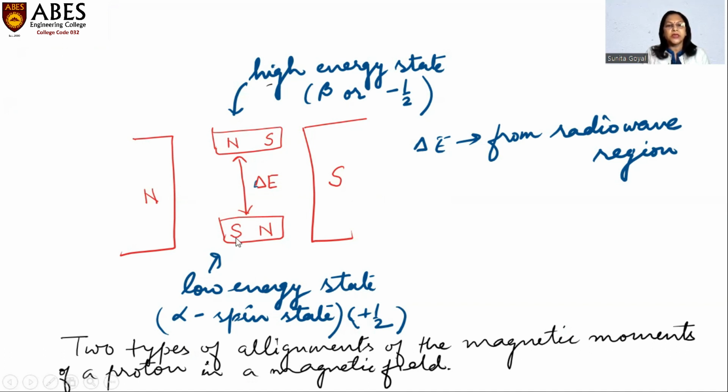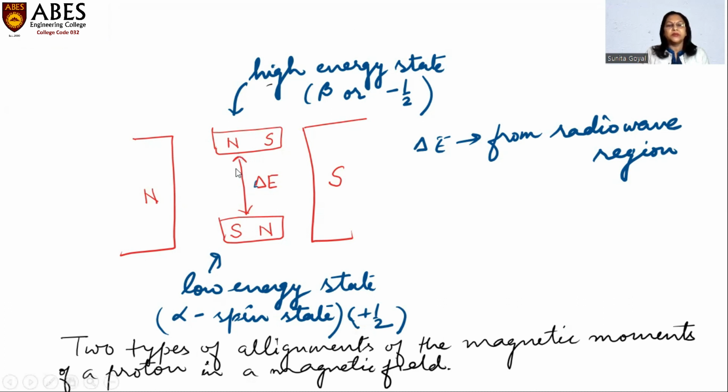When the south of the nuclear spin's magnetic field is towards the north pole of the external magnetic field, and not toward the south, it is the low energy state. We call it the alpha spin state, with value plus half.